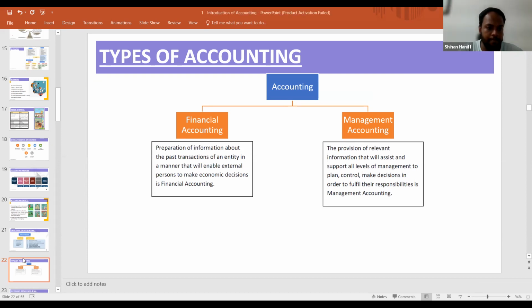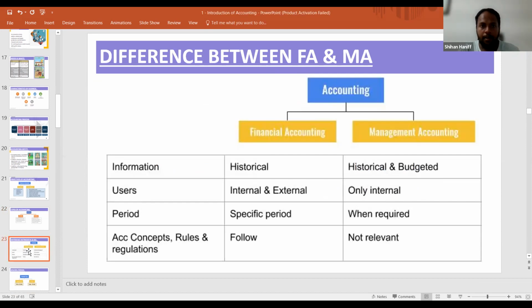Difference. Okay. So you will get questions out of this: the difference between financial accounting and management accounting. The information provided in financial accounting is historical, from the historical data. In management accounting, we get historical and mainly the budgeted future. We forecast.